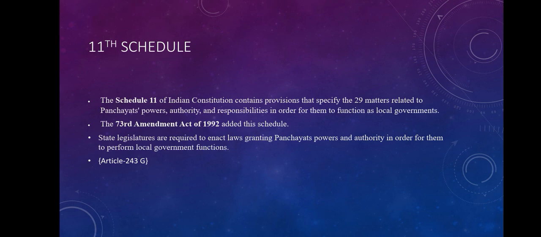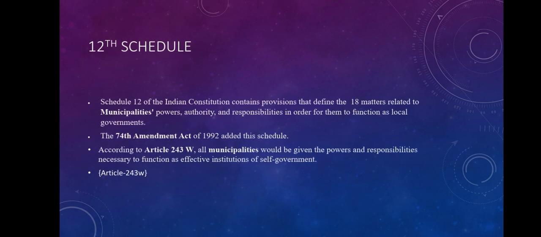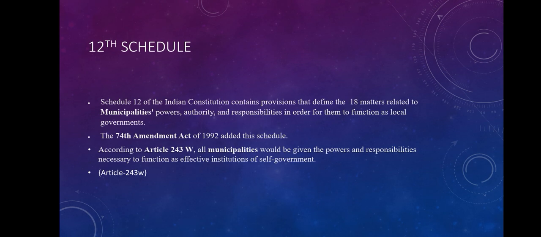State legislatures are required to enact laws granting panchayats power and authority in order for them to perform local government functions. It is covered under Article 243G. Now we will talk about the last schedule of the Indian Constitution, which is the 12th Schedule.